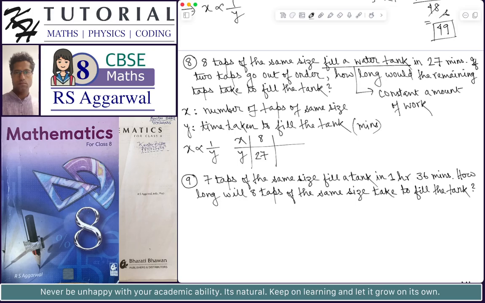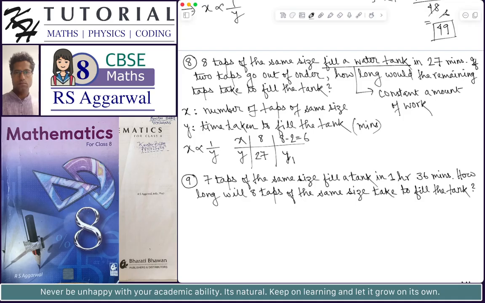Now it is asking how long would the remaining taps take, so if 2 taps go out of order, which means now we are having 8 minus 2, that is 6 taps working. Let's assume that the remaining taps, which is 6, will take y1 minutes to fill the tank.